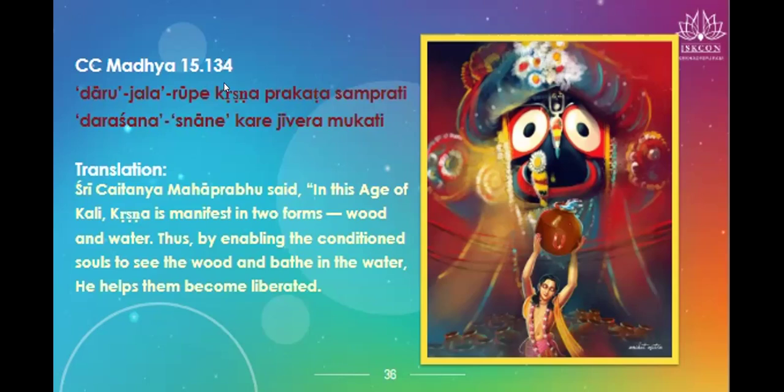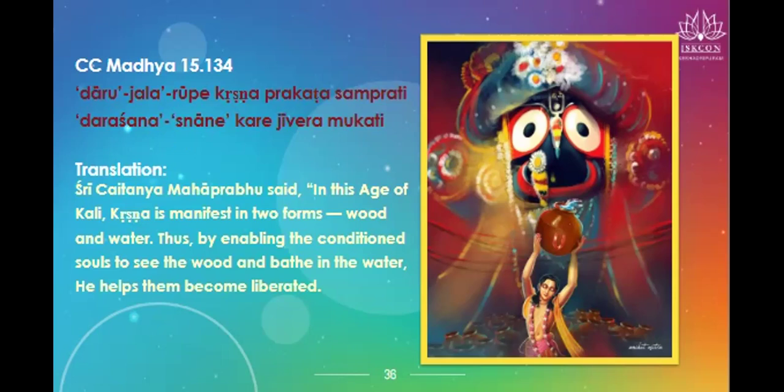Daru jale rupe Krishna prakata samprati, darshana snane kare jivera mukati. Can you try that tune? Shall I, Prabhu? Yeah. Daru jala rupi Krishna prakata samprati, darshana snani kare jivera mukati. Yes, please read the translation.